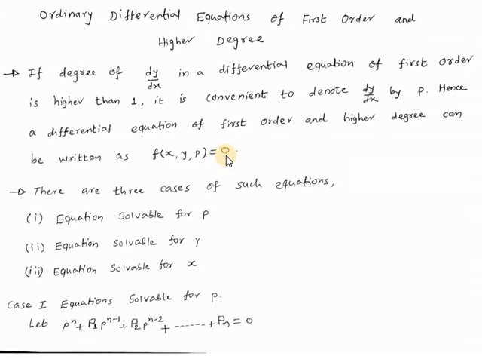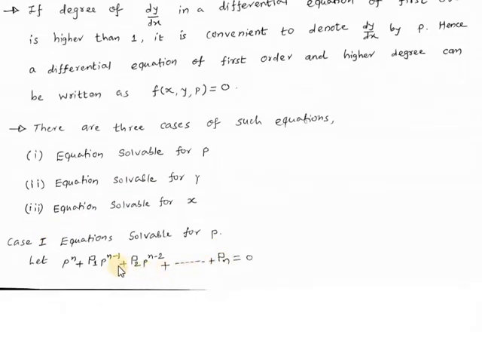If the differential equation is of first order and higher degree, then there are three cases of such equations. First case is equation solvable for p, second case is equation solvable for y, and third case is equation solvable for x. So first case is equation solvable for p.